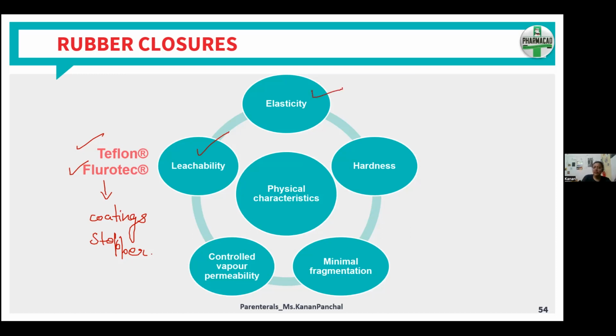Elasticity should be there. By elasticity, hint, elasticity is like if I'm pulling it and leaving it, it will again come back to its original shape. Come on, use your brains. Why elasticity?